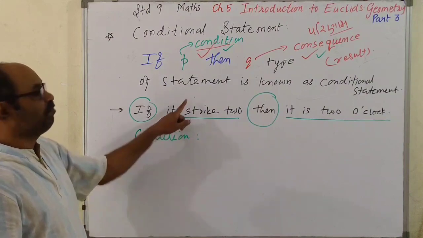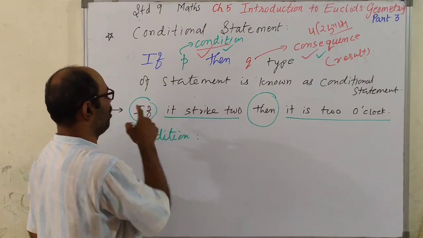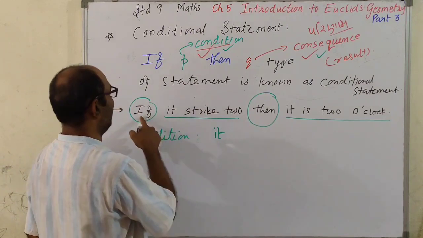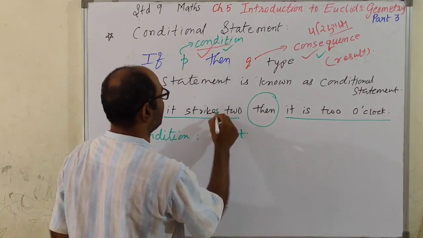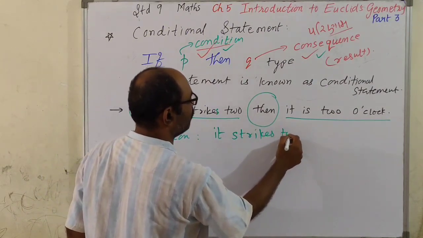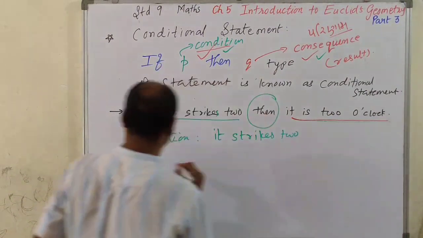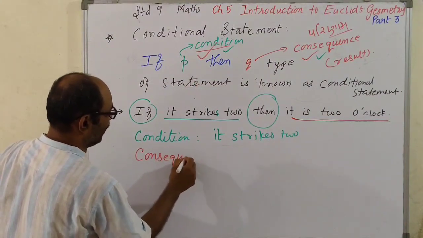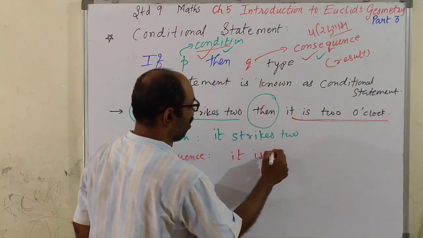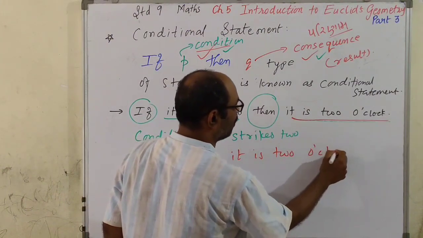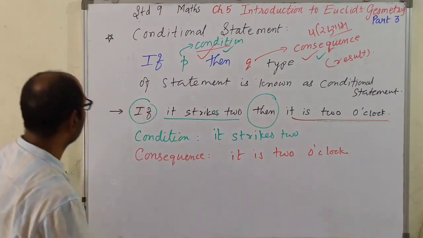So P is condition. What is condition here? It strikes 2. You don't have to write if. And what is the consequence? It is 2 o'clock. All right? Very easy.